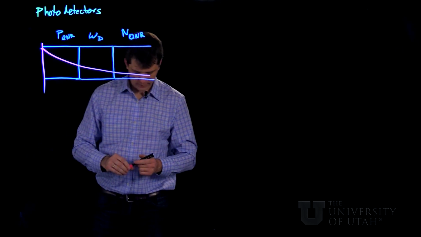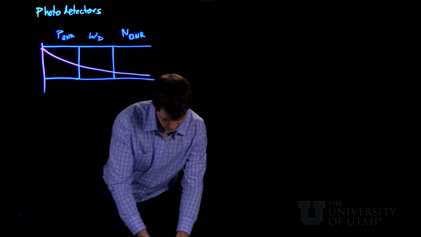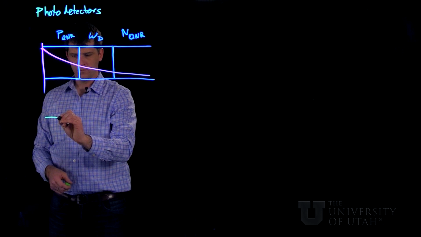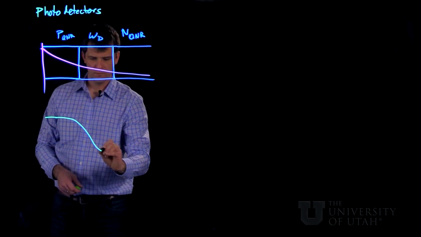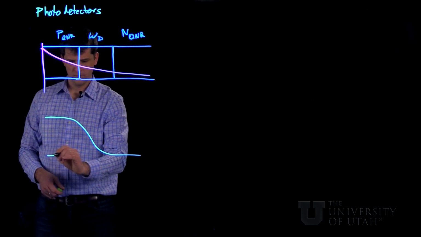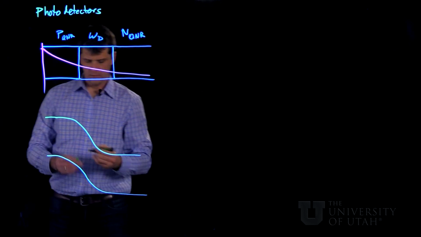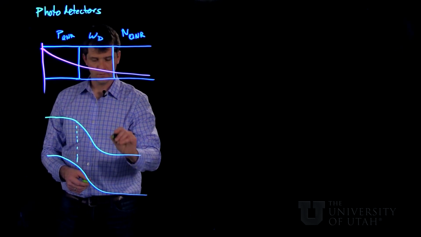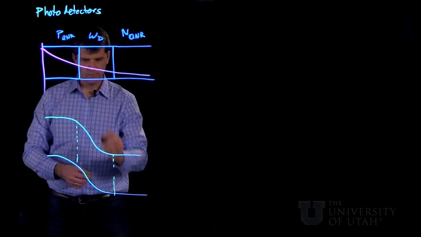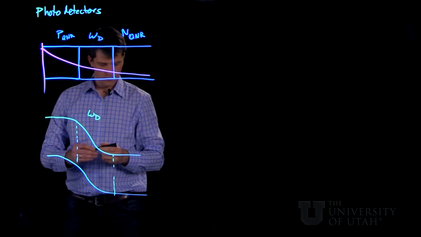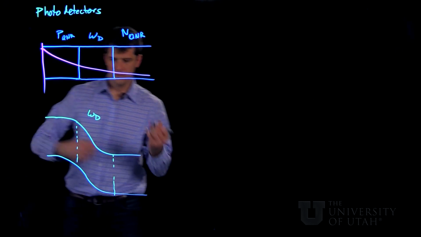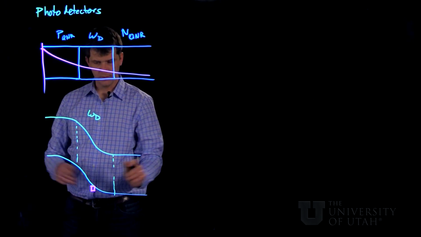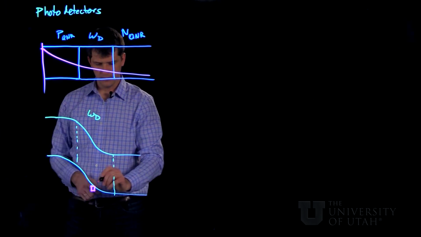Now, looking on the band diagram, we can see that there's a good chance that photocarriers made within the depletion width will be separated and collected at the outside contacts out here at the left and right.